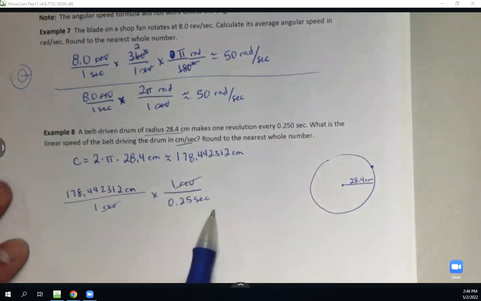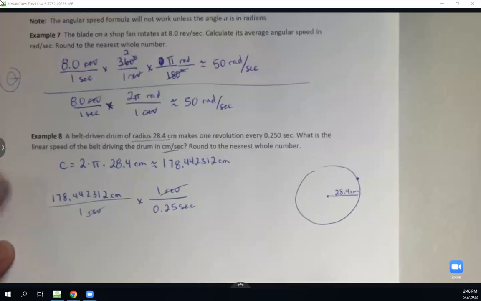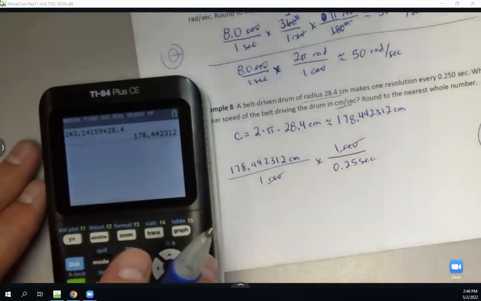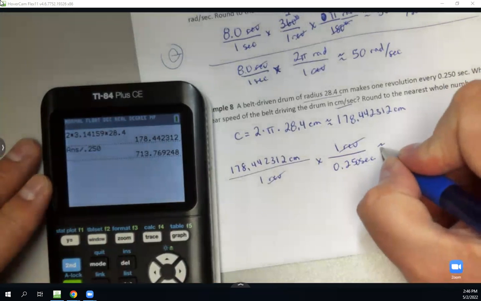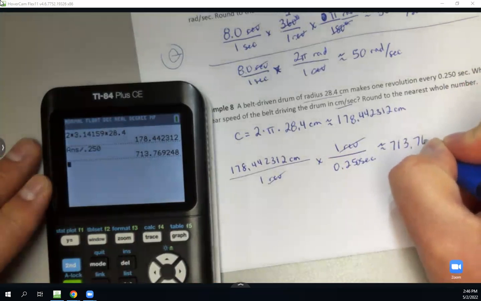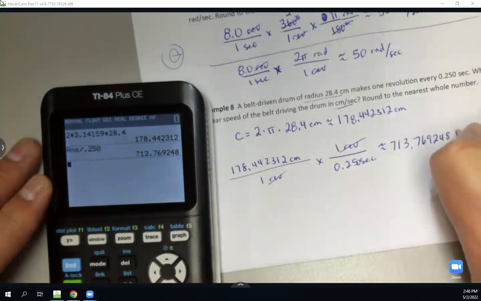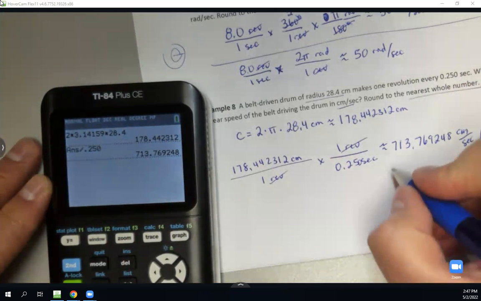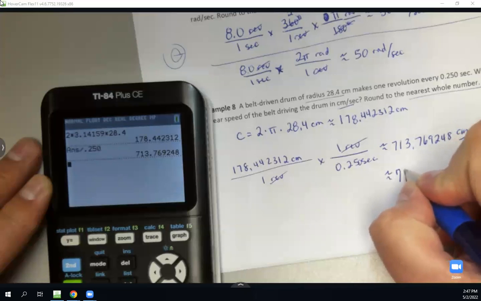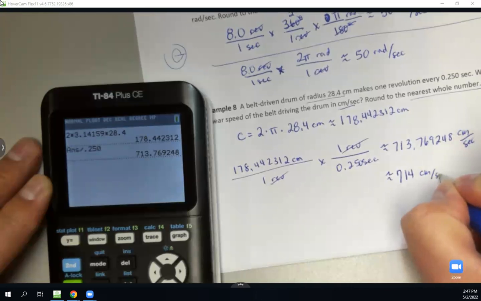And if I do this calculation, I'm going to be left with centimeters per second. So I'm just going to take that divided by 0.25, and technically it was 0.250. So that's going to be 713.769248 centimeters per second. And if I round to the whole number like I'm directed, that's about 714 centimeters per second.